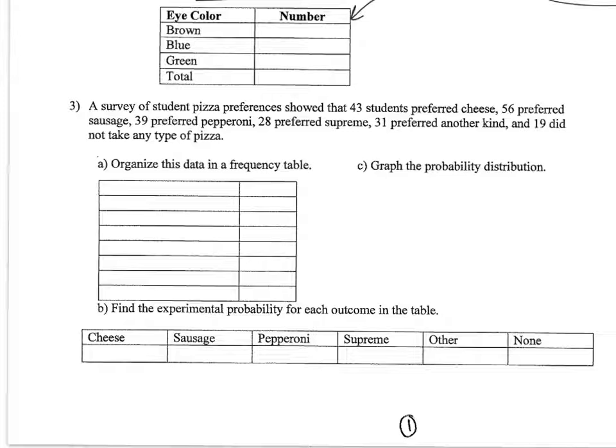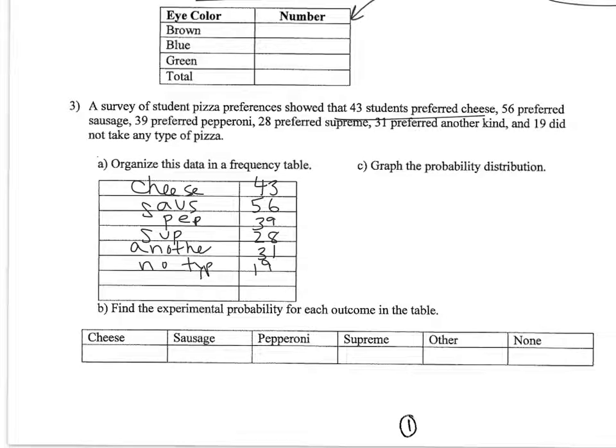So I'm just going to list off cheese is 43, sausage is 56, pepperoni is 39, supreme is 28, another kind is 31, and no type of pizza was 19.